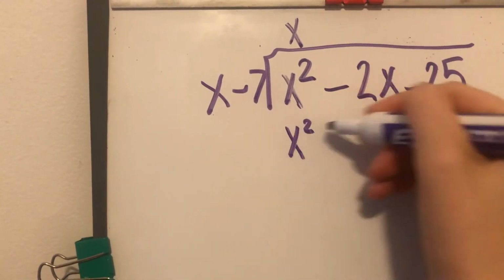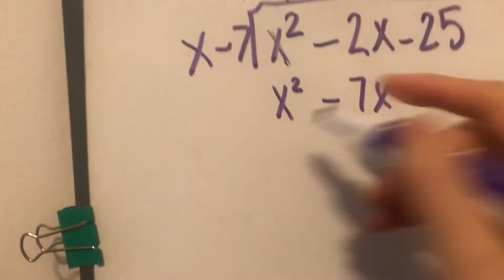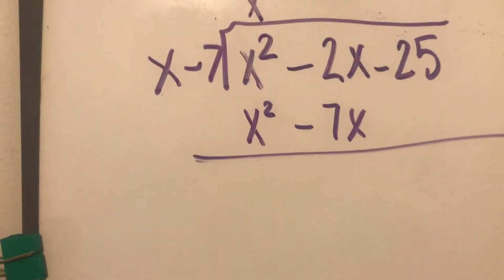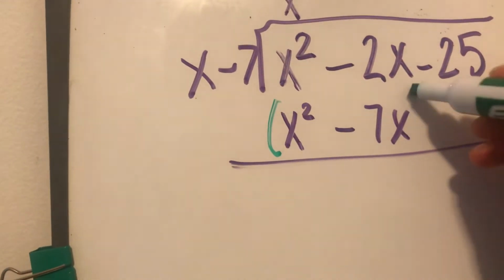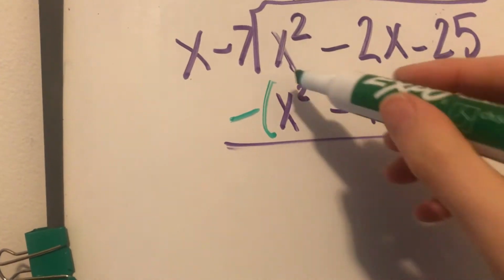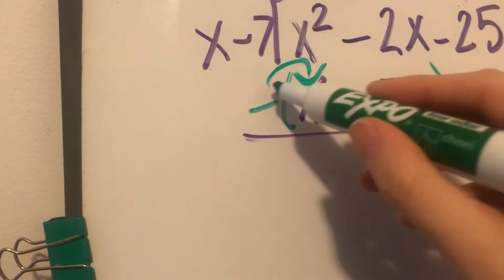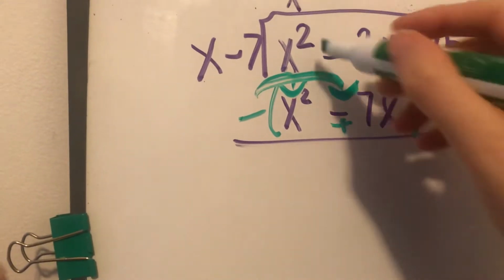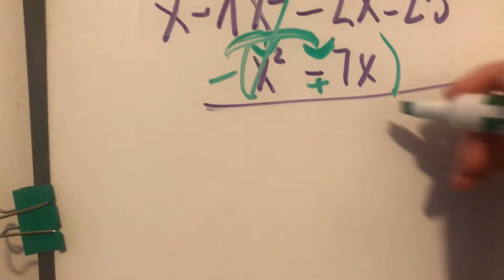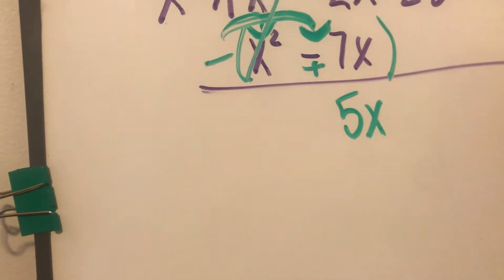And I'm going to have x squared minus 7x. Now I know that I need to distribute this negative, and I'm going to make this into a positive. So those will cancel out completely, and I'm going to be left with a 5x.